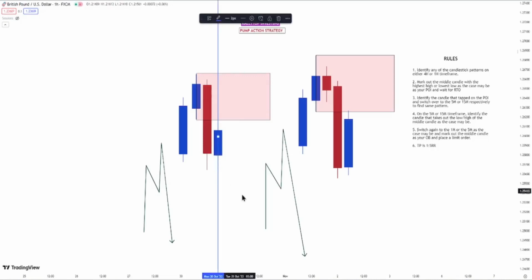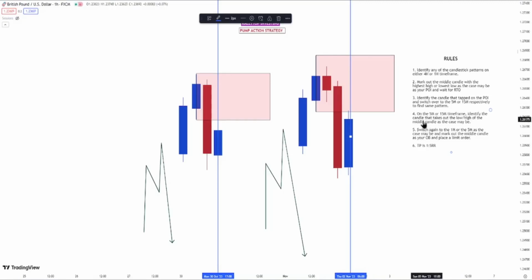This is that one, and here also is this one. You can mark it out like this. And when you mark it out, switch over to the 5M or 15M respectively to find the same pattern. And I'm going to show you that when we get to the live chart.